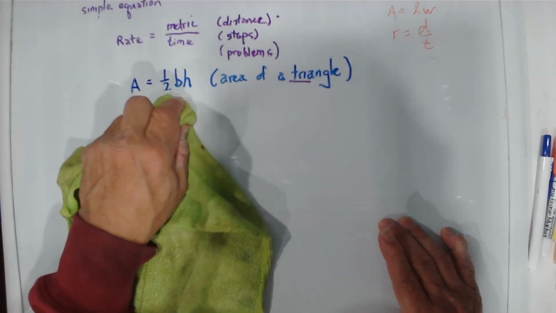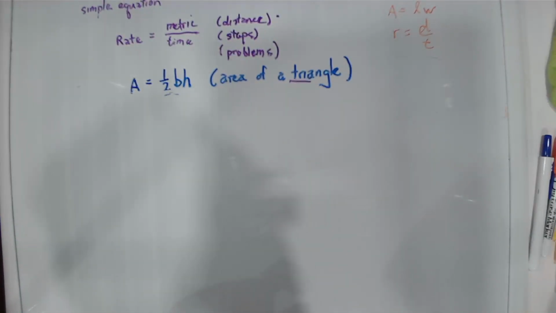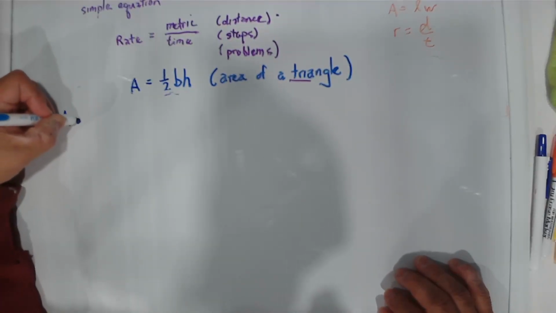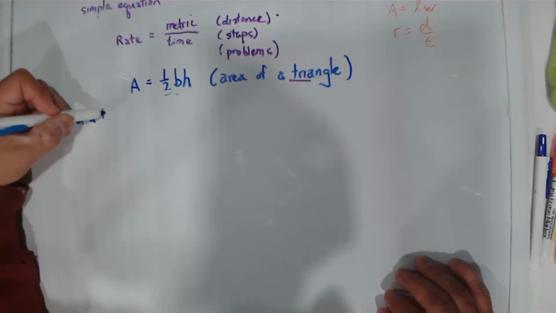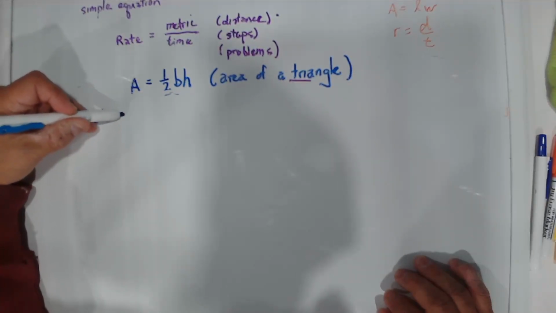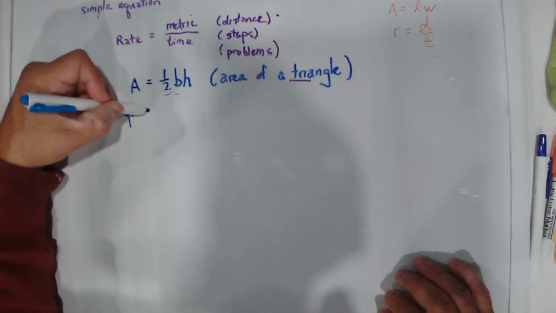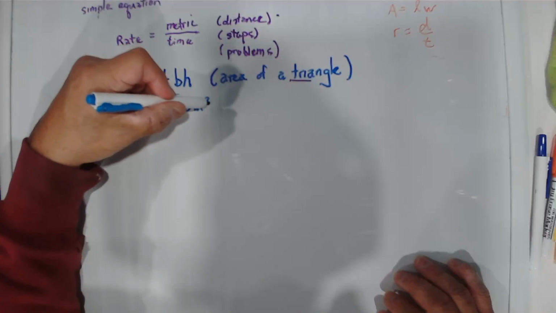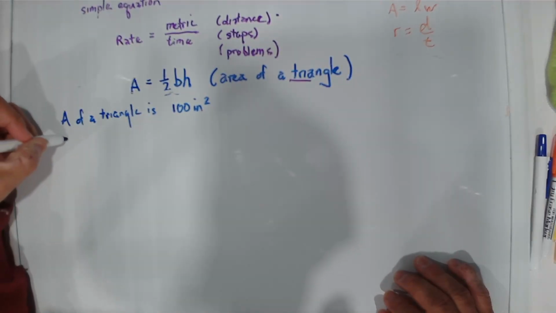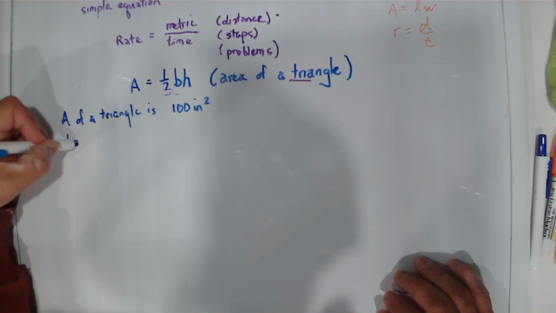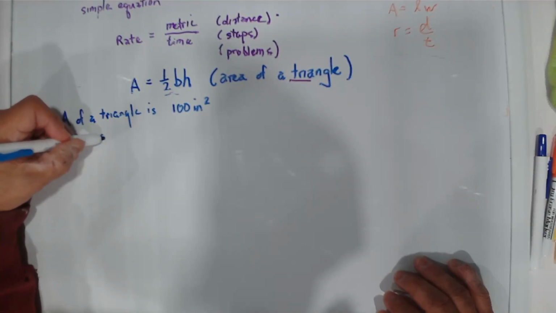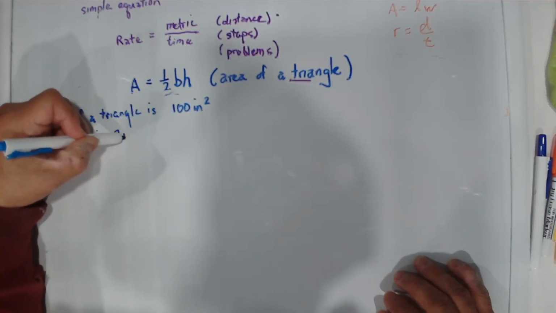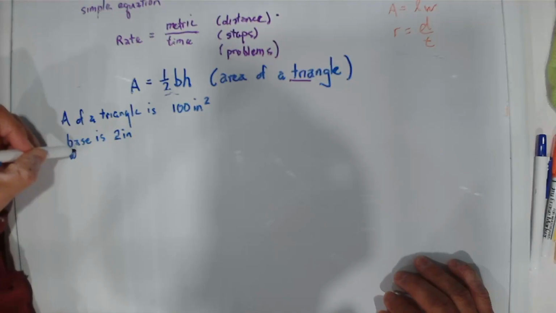And we are going to say here that the area of a triangle is 100 inches squared. And let's say the base is, let's say, 2 inches. What is the height?